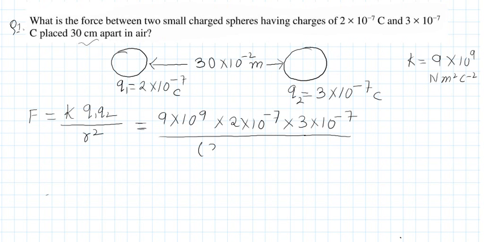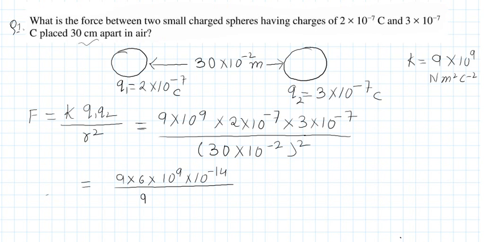So this will be 30 into 10 to the power minus 2 square, and this will give you 9 into 6 into 10 to the power 9 into 10 to the power minus 14, upon 900 into 10 to the power minus 4.